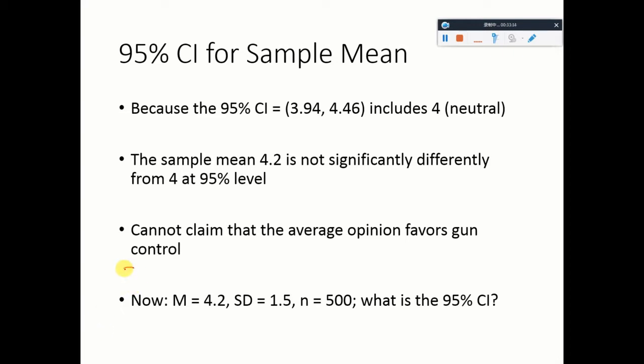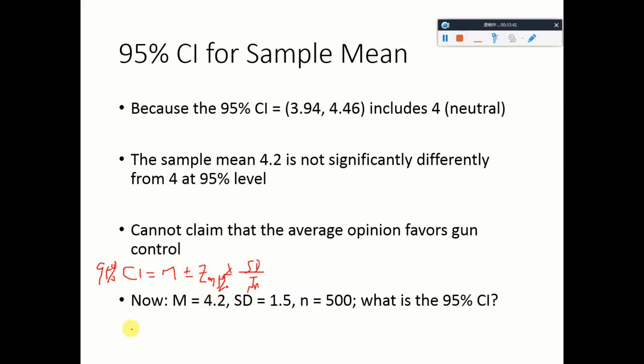So we know the confidence interval formula for 95% is the sample mean plus or minus the z-score associated with the 95% confidence level times the standard error. It will be SD divided by the square root of the sample size n. So easy, we just plug in the numbers.